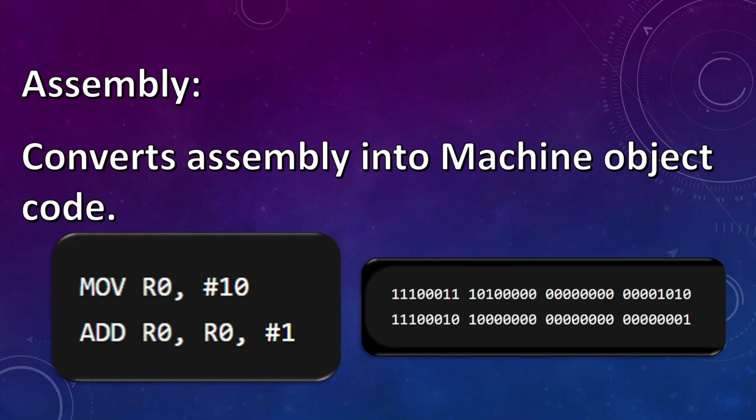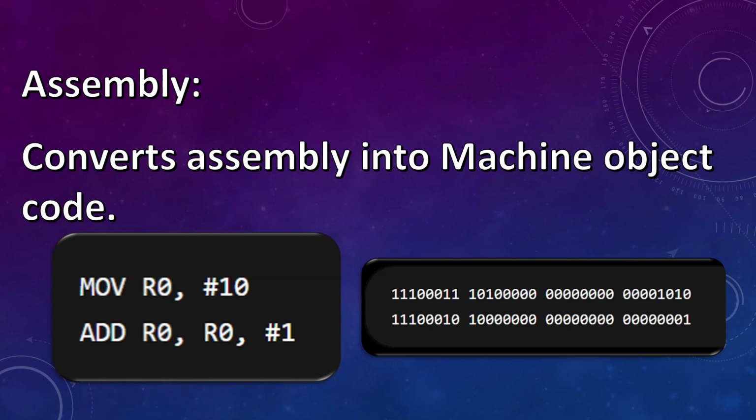Okay, so what happens here? Our high-level code was converted into the processor's instructions. That is the work of the compiler. In the assembly stage, this step converts the assembly level language to object code.